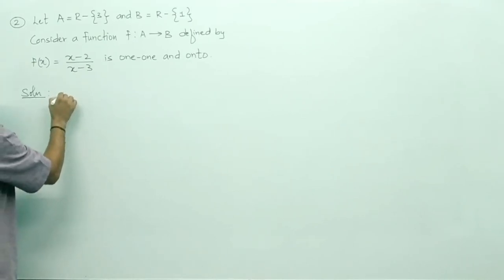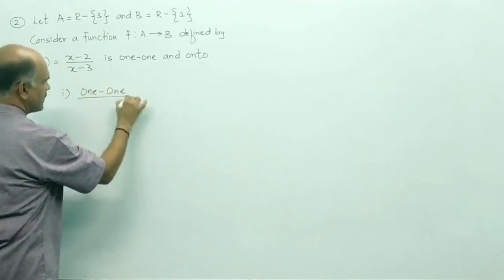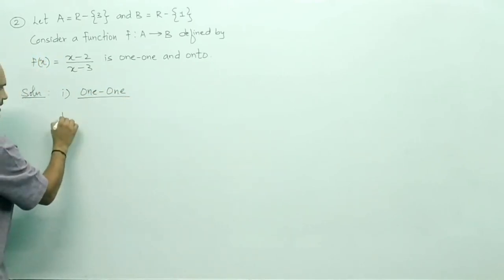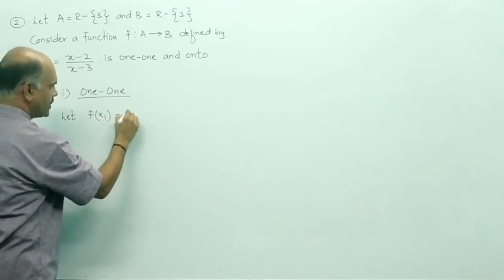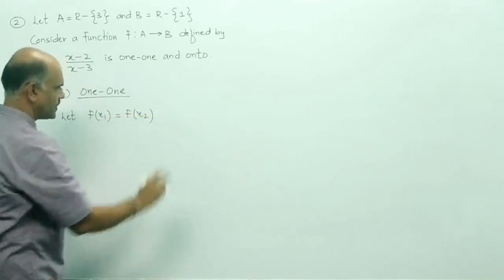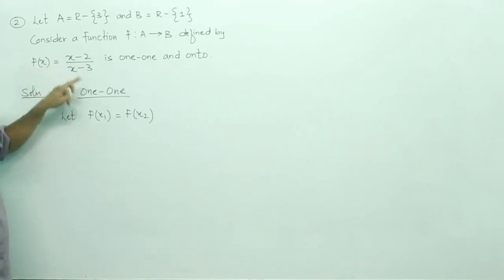So again, first I will take one-one. For one-one, I will take, let f of x1 is equal to f of x2. Now substitute in the given function: in place of x substitute x1, and for the RHS in place of x substitute x2.